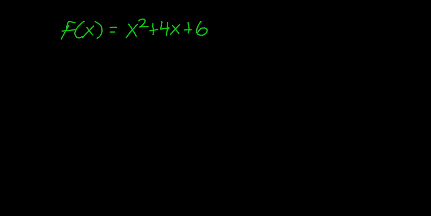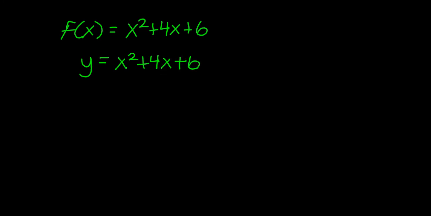Okay, and the way that we actually convert this into vertex form is very similar to doing completing the square. In fact, we're going to follow a lot of the same steps as we did for completing the square. So I'm going to write this as y equals for a little while because y is easier to deal with than f of x. And we're going to write x squared plus 4x plus 6.